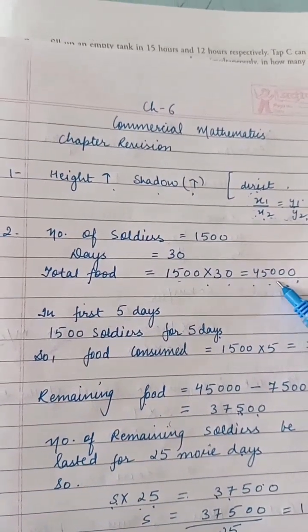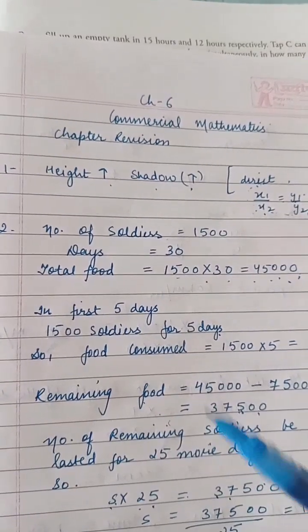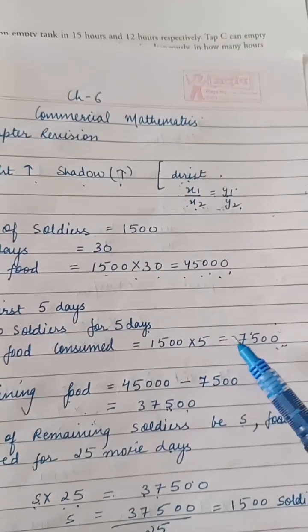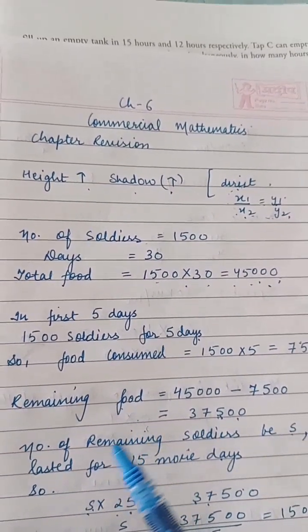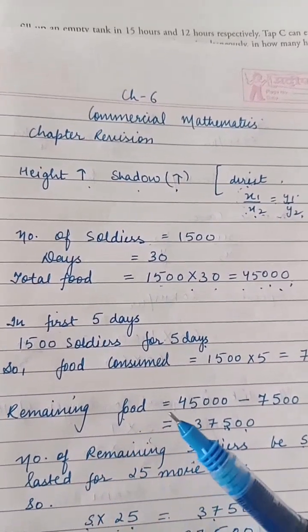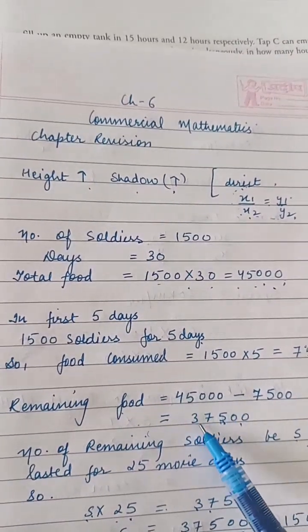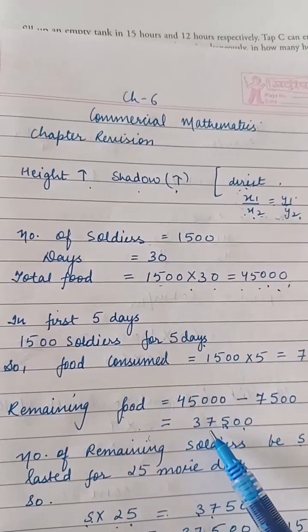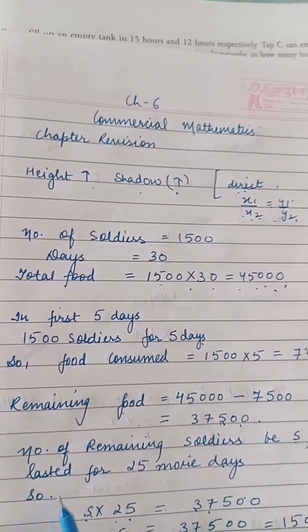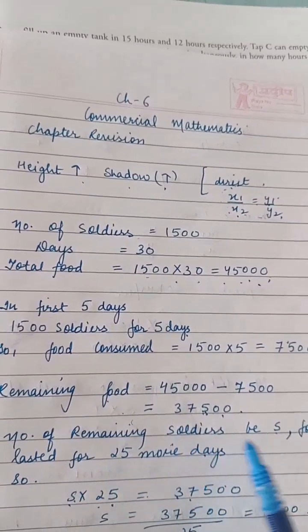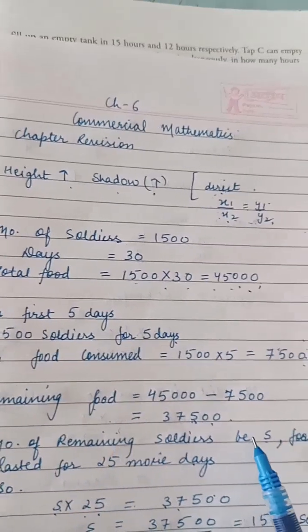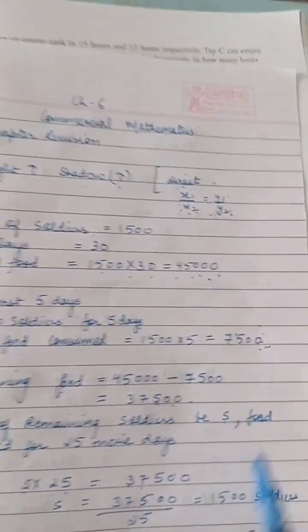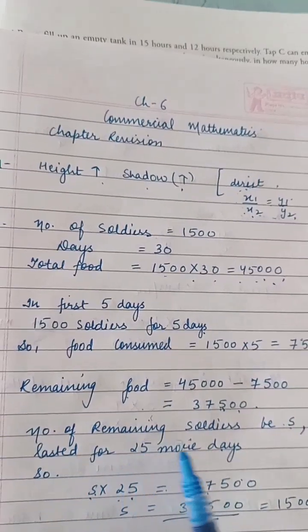The total food was 45,000, and for the 5 days they consumed 7500. Now we can find the remaining food which will be consumed by the remaining soldiers. So the remaining food is 37,500. Now we take the number of soldiers left after 5 days as S, and the food lasted for 25 more days.